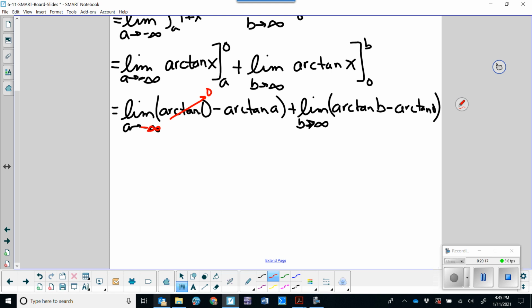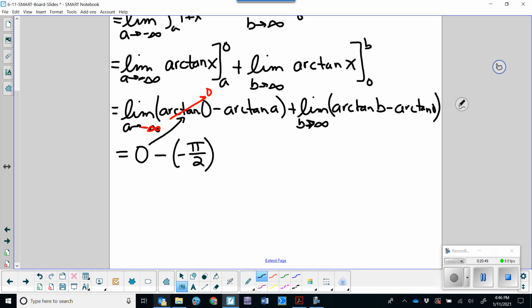Remember, this is the inverse of tangent. So we're saying, what is the angle value, or the radian, when tangent is going to minus infinity? Well, that value would be, so I'm going to write this down, 0 minus arctangent of minus infinity. So tangent goes to minus infinity at negative pi over 2.